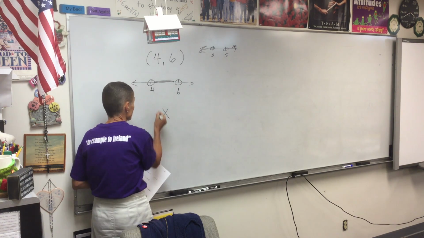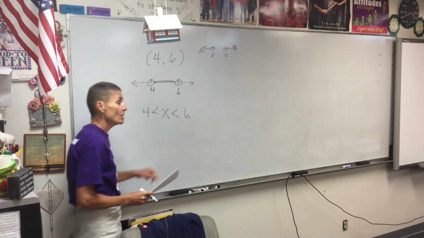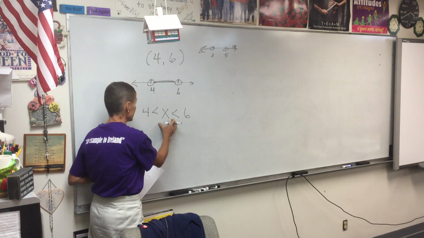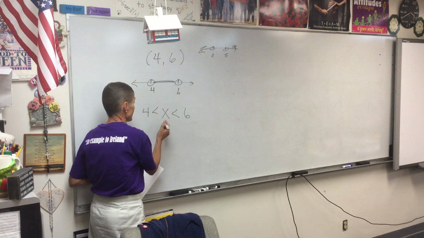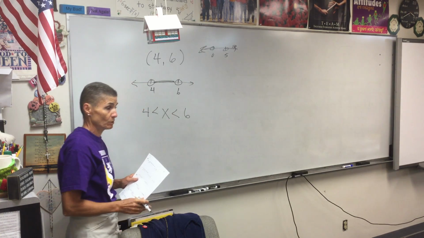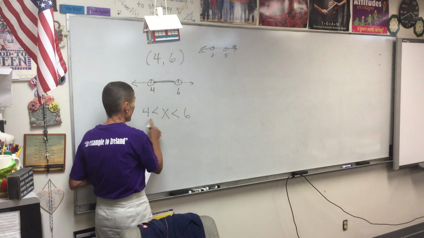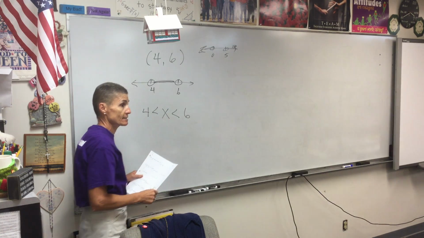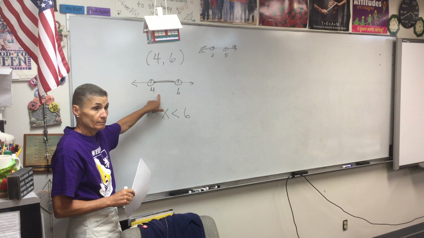X is between 4 and 6. When you write a compound inequality, one inequality that expresses 2 different ideas, bigger than 4, less than 6, always use less than symbols. It's very simple to do. Write down your 2 numbers, put X in between, and then use less than symbols. This is the inequality for this.